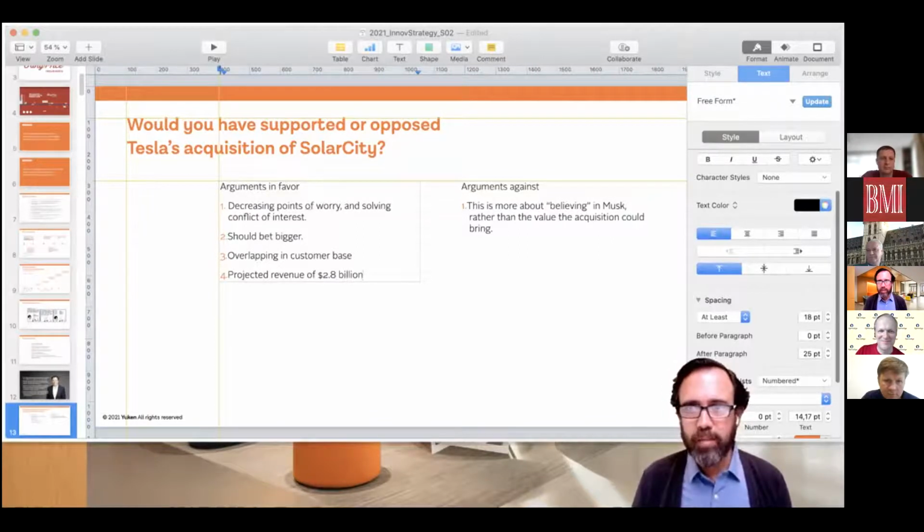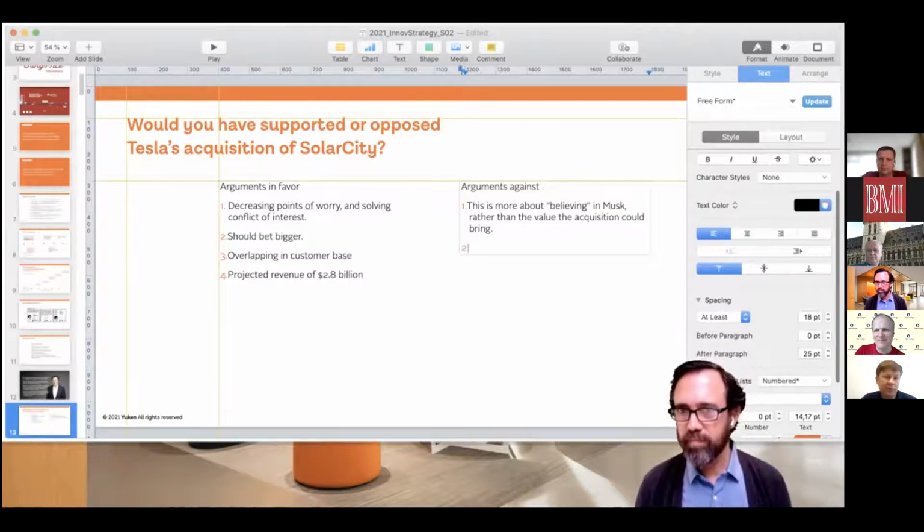Now, arguments against. One thing is what you said, Marius, right? If you had another person doing this, not Musk, you would say, oh no, I won't do it. Okay. What else? What other reason do we have for not supporting this acquisition? For me, it destroys value.